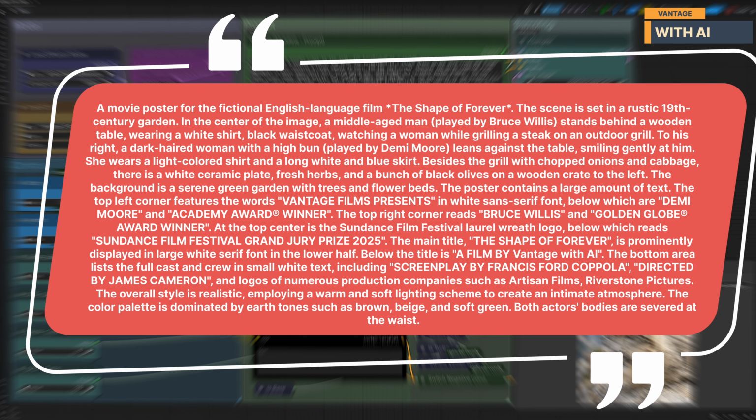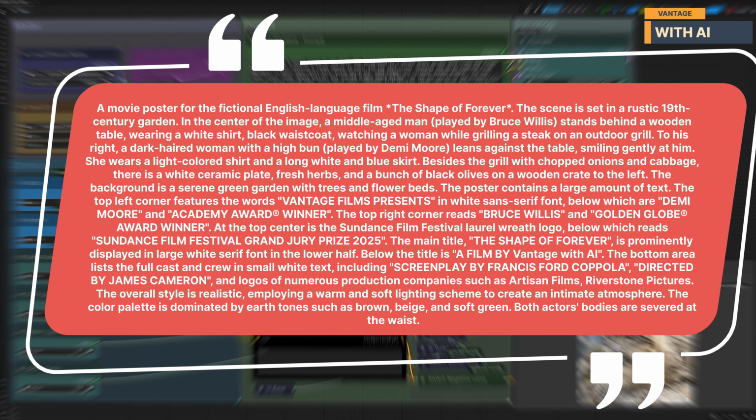At the top center is the Sundance Film Festival Laurel Wreath logo, below which reads Sundance Film Festival Grand Jury Prize 2025. The main title, The Shape of Forever, is prominently displayed in large white serif font in the lower half. Below the title is A Film by Vantage with AI.